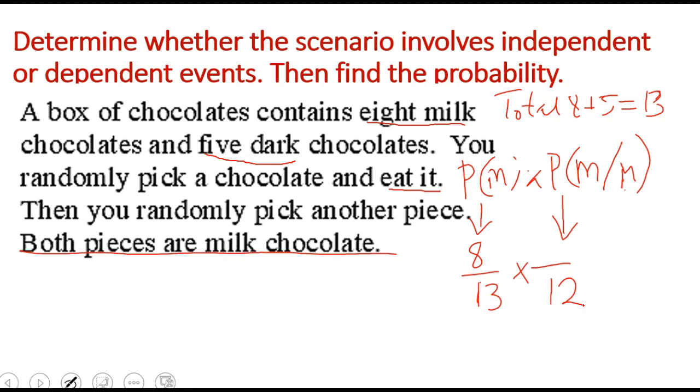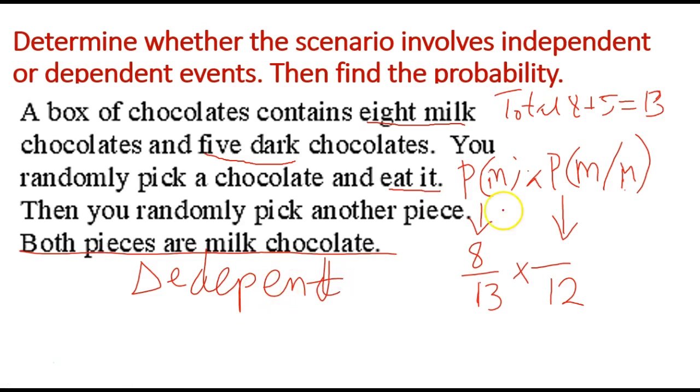So you see, eating that first one has affected the total for the second one. So these are dependent events. The second one depends on the first, because if that was not eaten, then the total outcome would still be 13. Because he has changed it, it is dependent. And how many favorable outcomes for milk chocolate are there now? It is only 7 milk chocolates left, so it's going to be 7 out of 12.